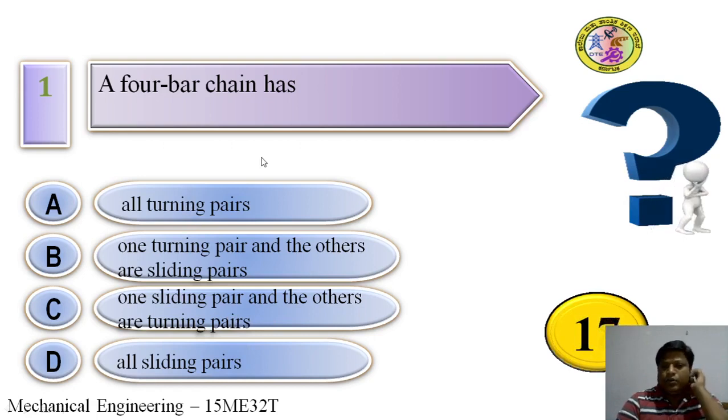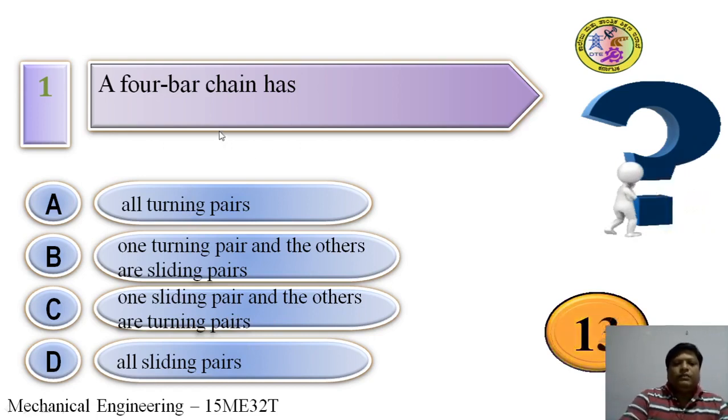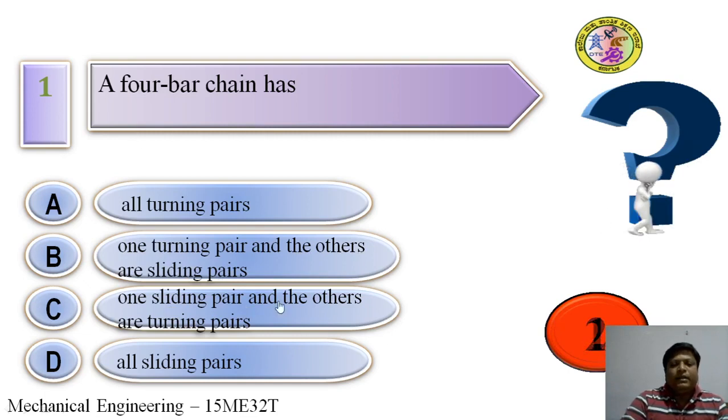A 4-bar chain consists of 4 links, and all are turning pairs.